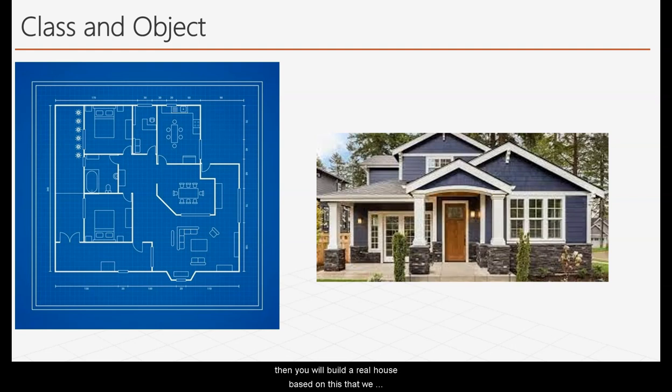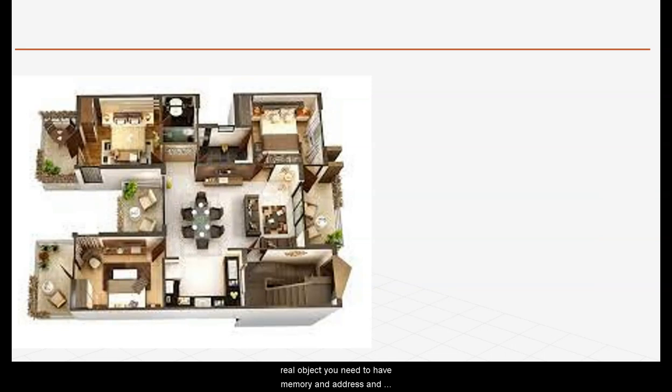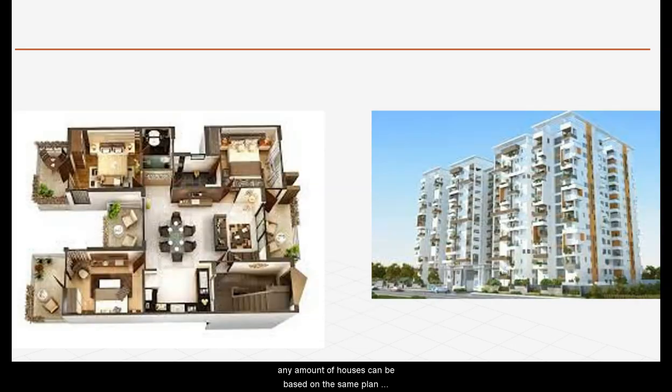That real house is the object. That blueprint that we define is the class. For the real object, you need to have memory and others. And any number of houses can be built based on the same plan. That's the biggest advantage. A class can have multiple objects. Here there is a 3-model apartment, and you can construct any number of apartments.